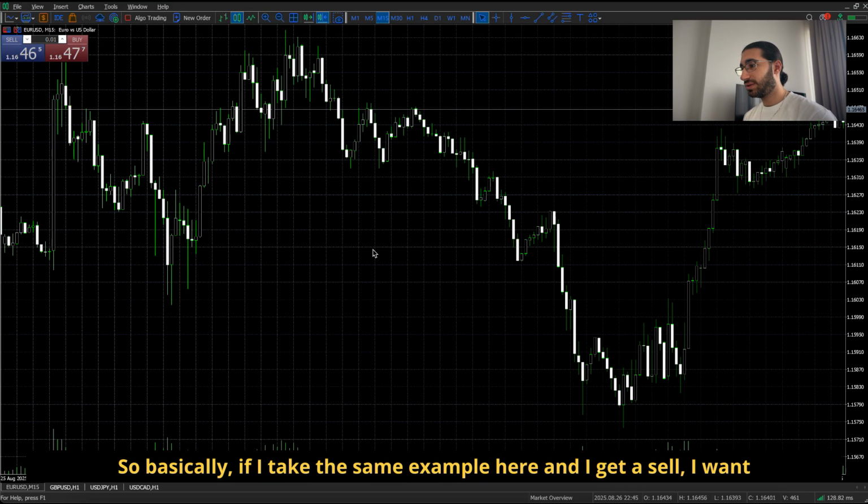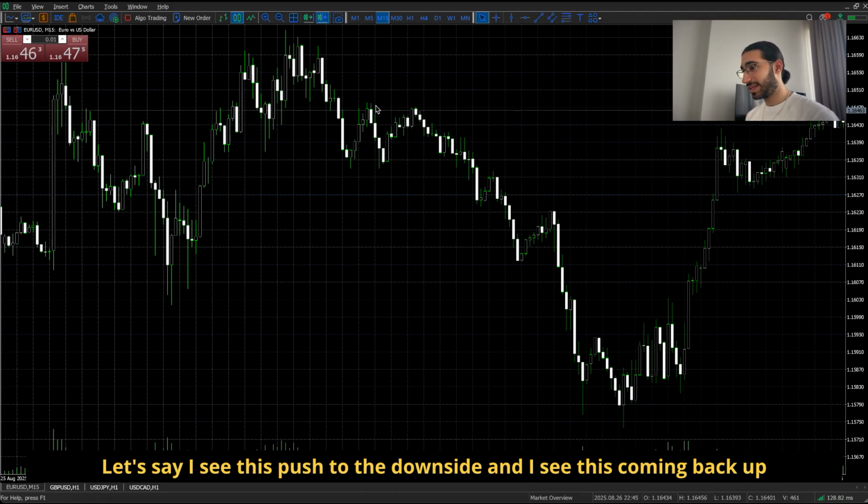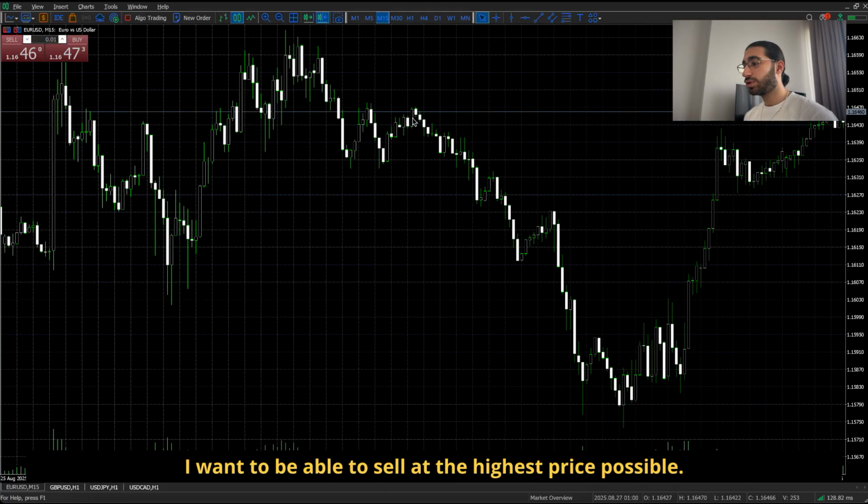So if I take the same example here and I get a sell, I want to have a good price to sell from. Let's say I see this push to the downside and I see this coming back up as a small pullback. I want to be able to sell at the highest price possible.